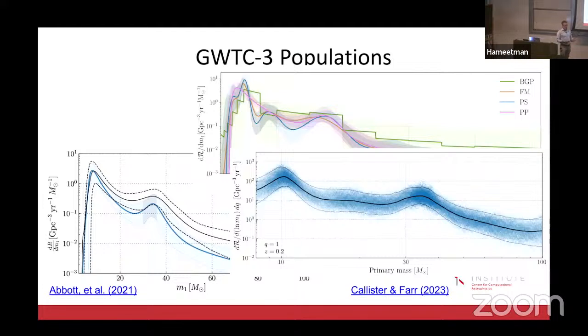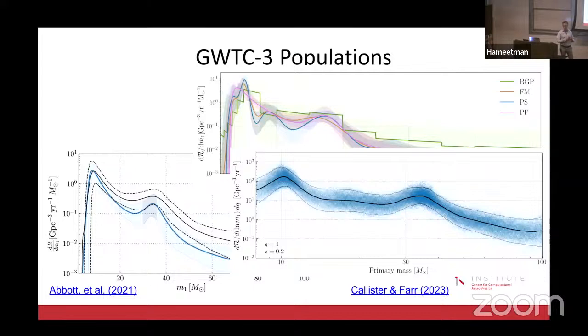Now, I've painted a pretty rosy picture for you, and maybe you're asking yourself, well, if you want to track, say, this bump here at 35 solar masses as a measure of the redshift of your sources, it had better be the case that over cosmic time, that bump stays in the same place in the rest frame, right?